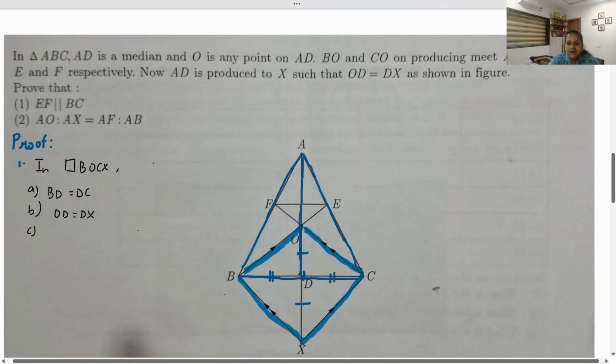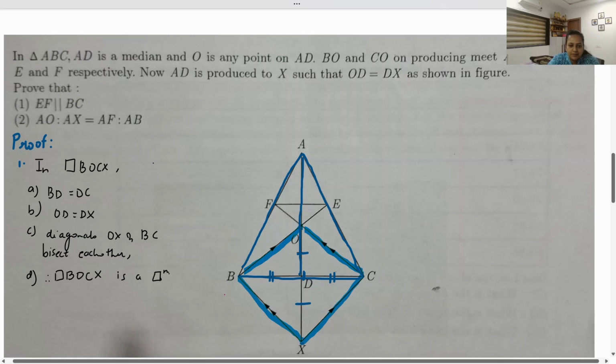So we can say both the diagonals, which are the diagonals? OX and BC are bisecting each other. The diagonals bisect each other. And therefore, because the diagonals are bisecting each other, the quadrilateral BOCX is a parallelogram.